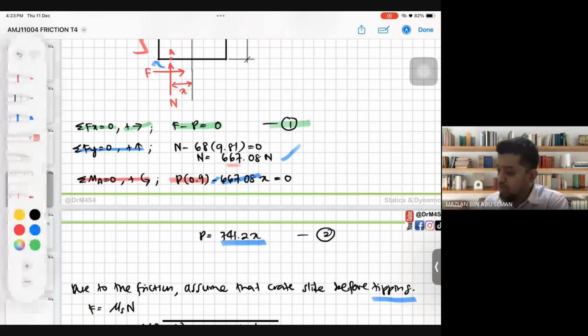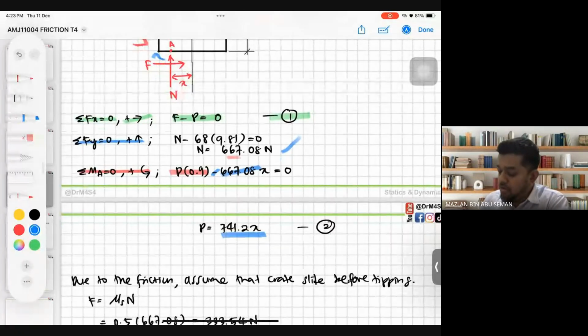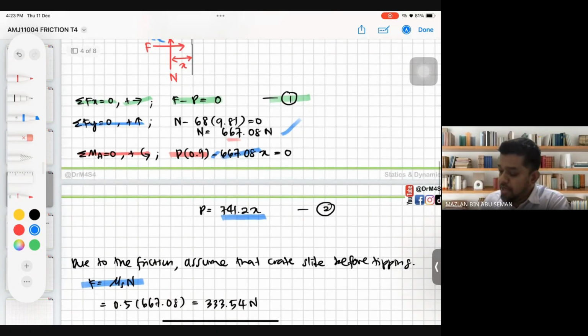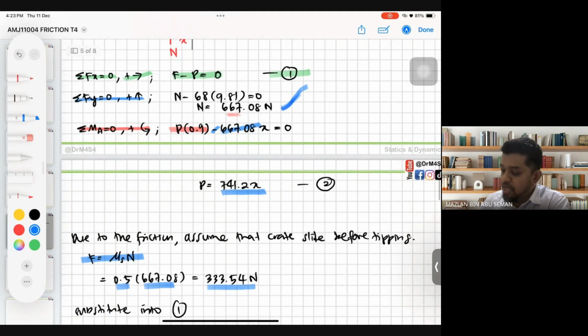So please refer to example 3. So due to the friction, we use the friction formula F equals mu s times N. We know our mu and we know our N here. If you multiply that, we have 335.54 Newton.